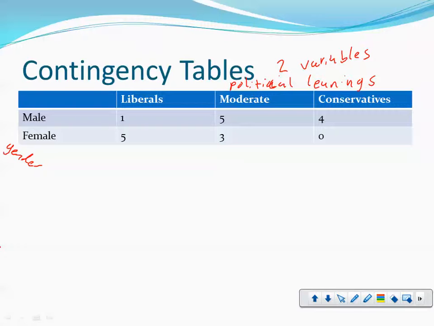Our contingency table measures two variables and compares them to each other. We have the gender variable, which gives us males versus females, and then we have our political leaning variable, which tells us if we're liberal, moderate, or conservative. And all of these boxes in between are the counts: the number of male liberals, male moderates, male conservatives, female liberals, female moderates. So a contingency table is measuring two variables.